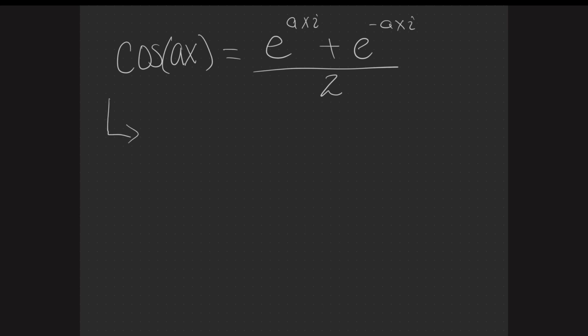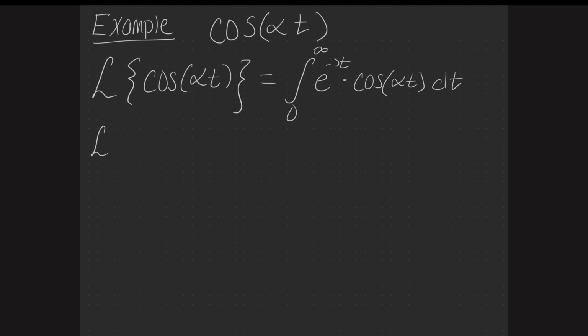This could be derived from this equation, e to the power of ix is equal to cosine of x plus i sine of x, and then that could be derived from the power series of e to the x, cos x, and sine x. So this then just leaves us with the Laplace transform of e to the power of alpha ti plus e to the power of negative alpha ti divided by 2.